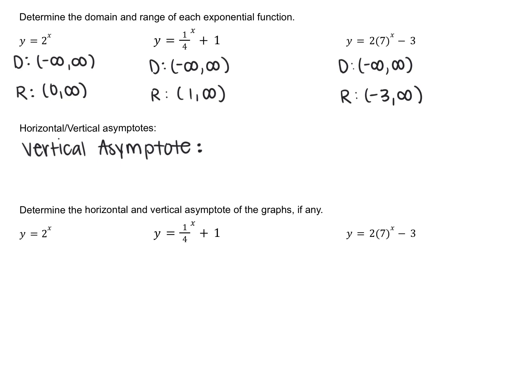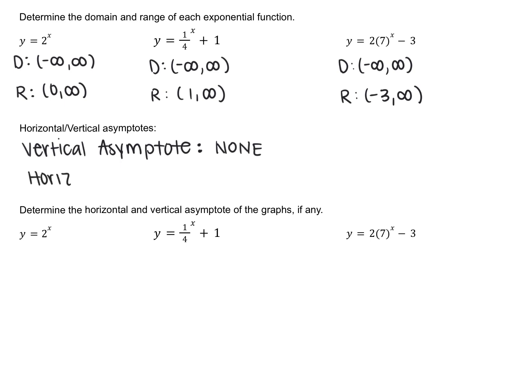And because our domain is negative infinity to infinity, and there's never a value you can't plug in, there is no vertical asymptote. So anytime you are asked the question, what is the vertical asymptote? It will always be none.